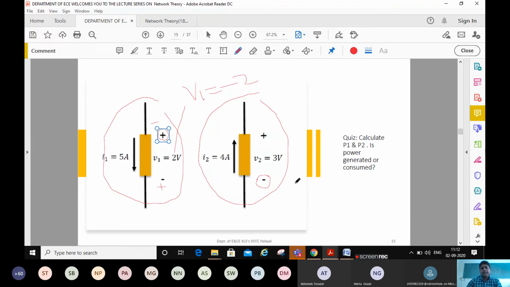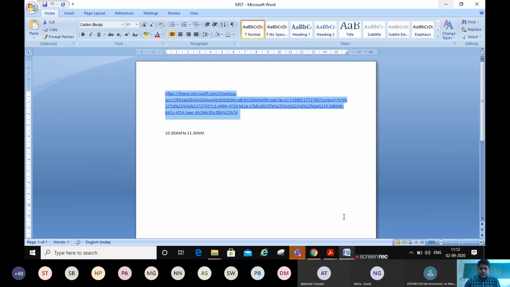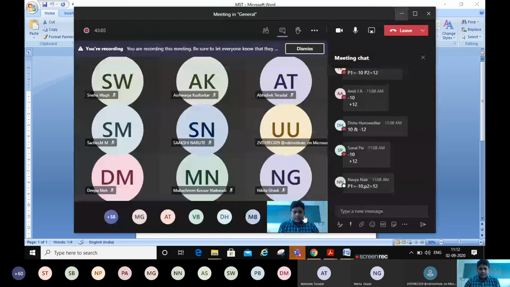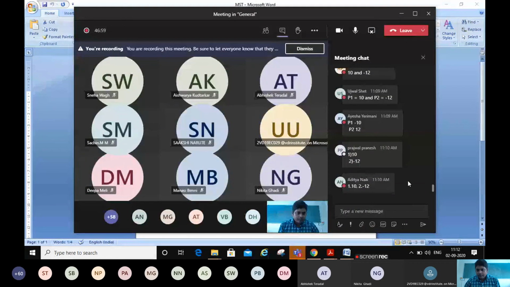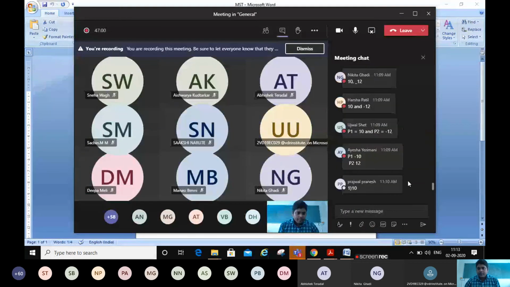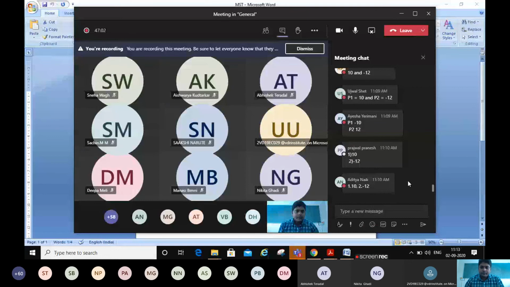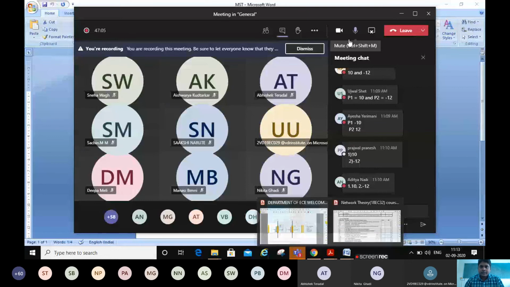We will take up a few examples later on the board, maybe by tomorrow, not today's class. This is how we calculate here. I hope things are clear for you.